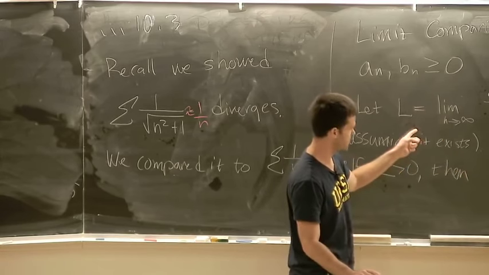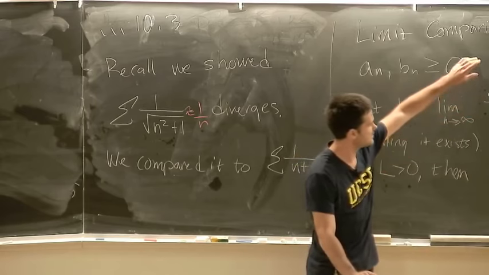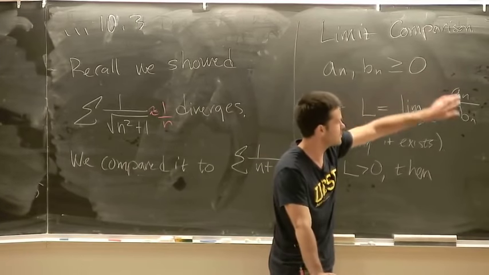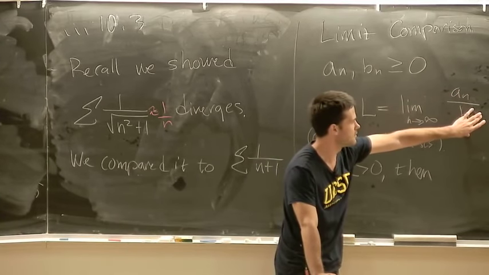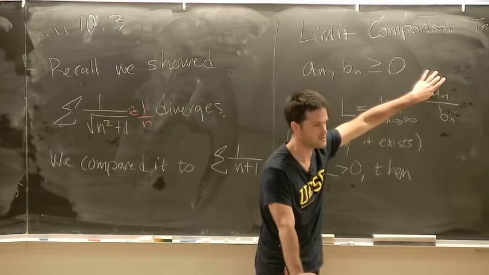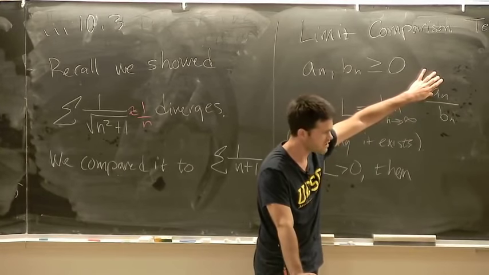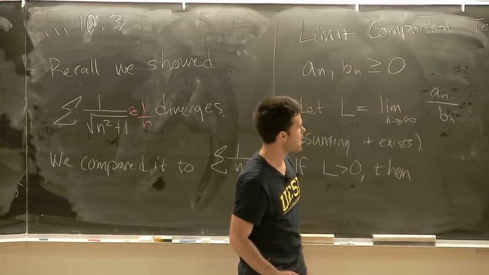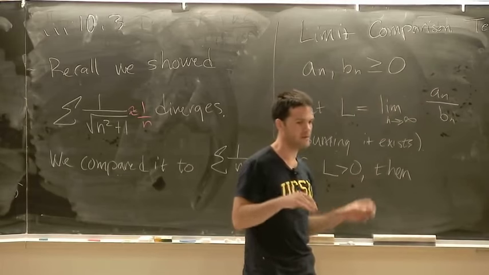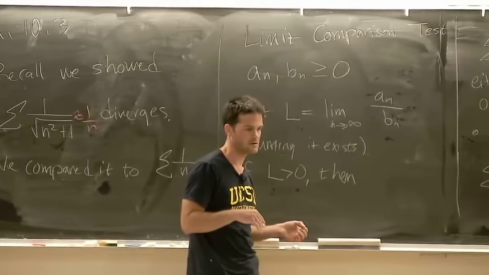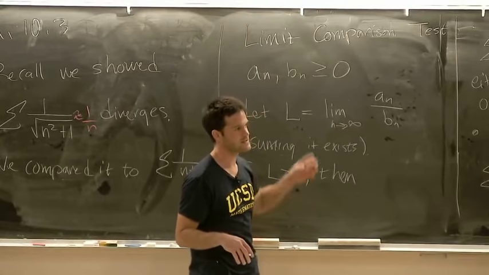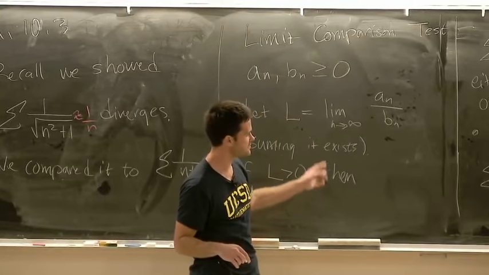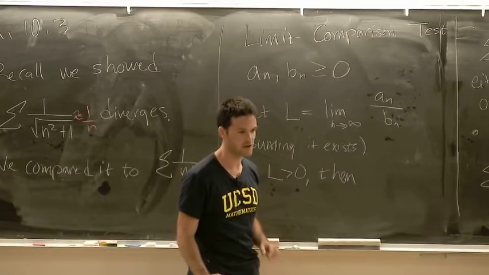If L is 0, that means that Bn blows up much faster than An. In other words, Bn is dominated by An. That means that if An diverges, then Bn diverges.